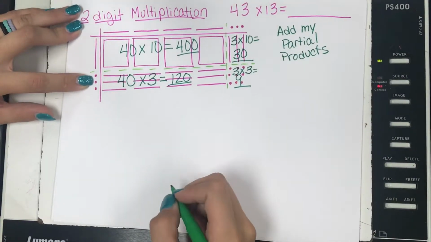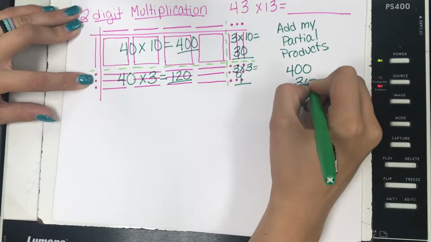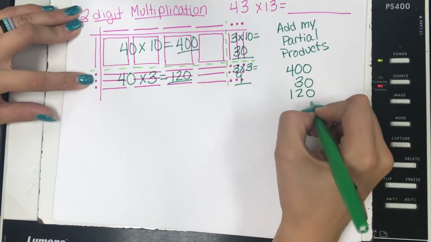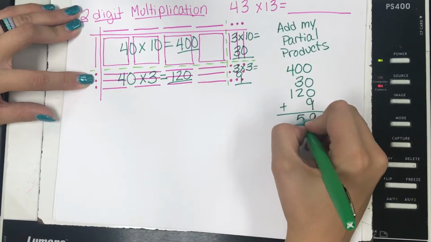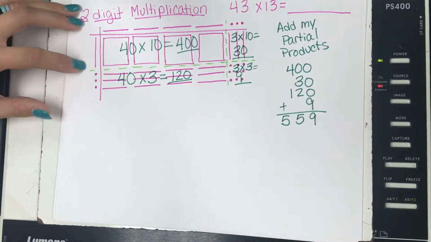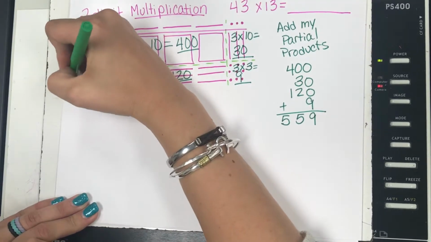Okay, so here I'm going to add my partial products. I'm going to take 400, 30, 120, and 9. I got 559. Okay, and this is with my pictures.